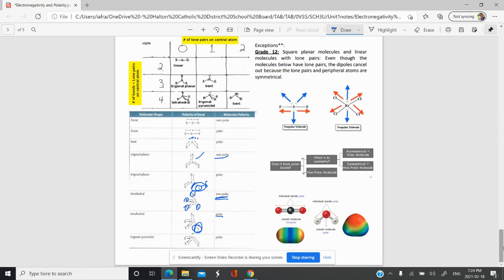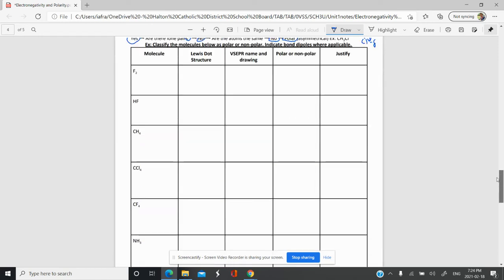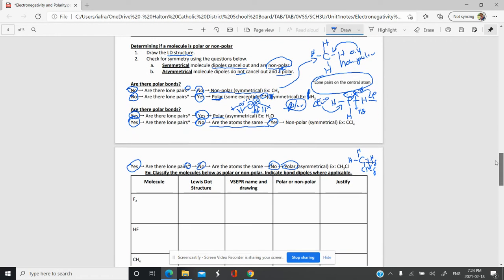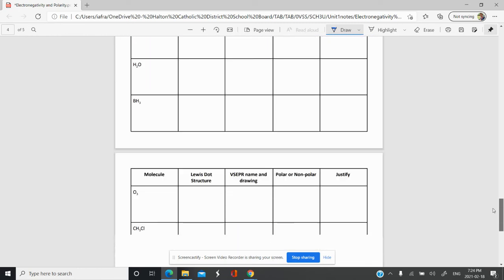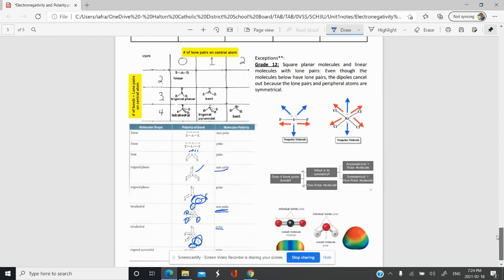Doesn't really matter. And then here, for trigonal pyramidal, we have a lone pair on there. And so that's causing our molecule to be polar because it's asymmetrical. So this is all based off of the shape. That's what those questions in the steps are based off of. So if you understand that, then you'll be able to predict if a molecule is going to be polar or nonpolar based on your shape.